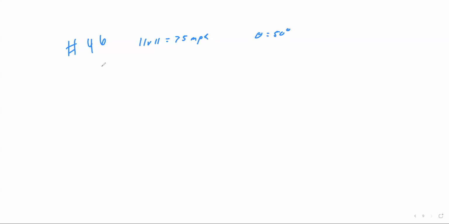So all you got to do is the same concept as what we did this time, but we don't have enough information to have to use the triangle. So this time we can plug it into the calculator. So this will just be 75 times cosine of 50 degrees i plus sine of 50 degrees j.